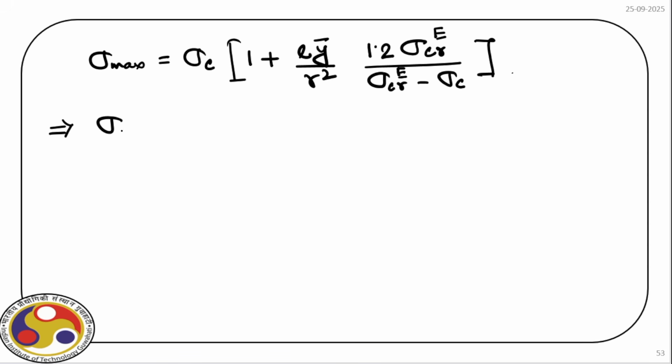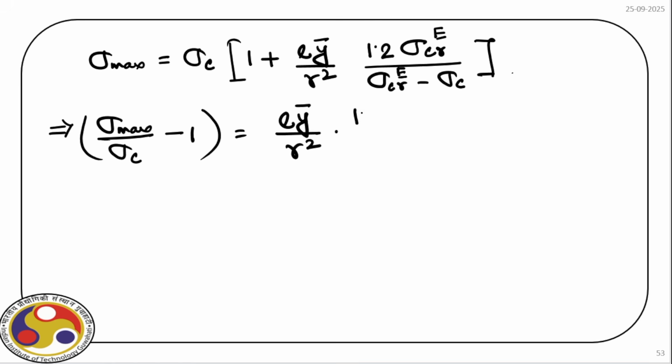What we have here is sigma max divided by sigma C minus 1 is equal to e y bar divided by r square, and then here we have 1.2 sigma CR E divided by sigma CR E minus sigma C.